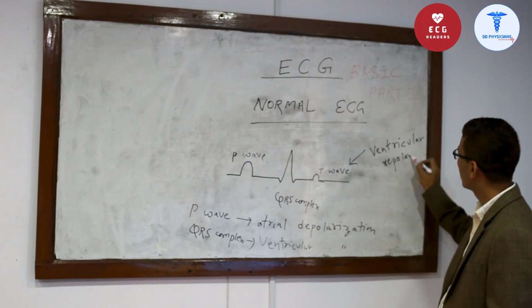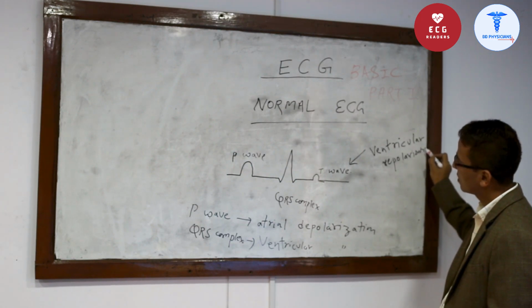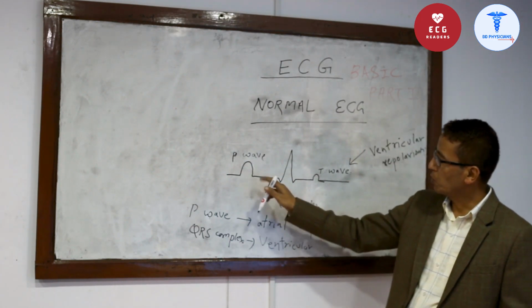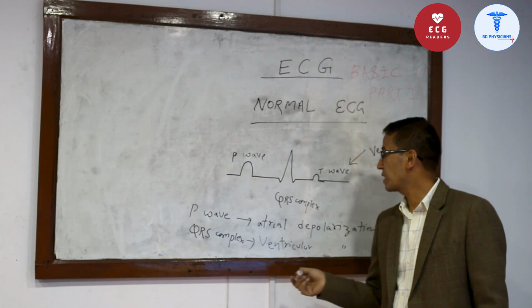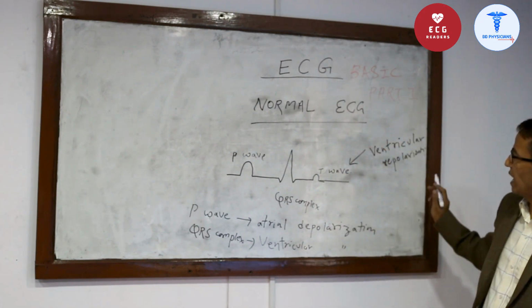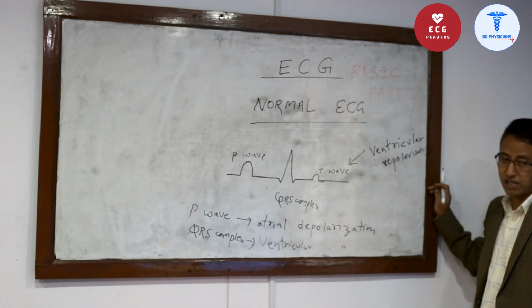So P wave is atrial depolarization, QRS complex is ventricular depolarization, and T wave is ventricular repolarization.